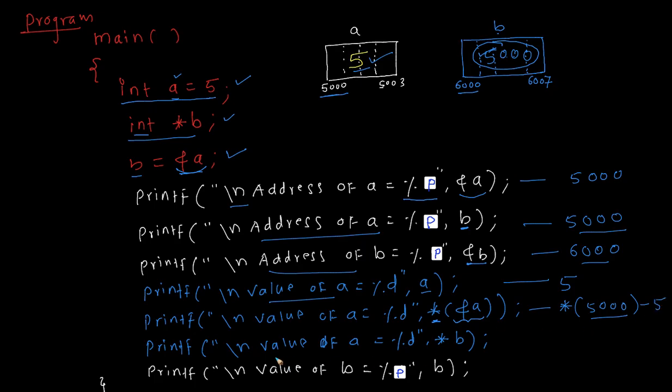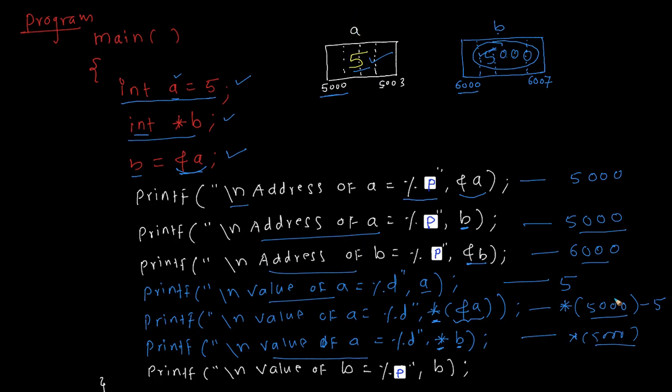Again we want to print the value of A. This is again the value at address operator, also called the dereference operator. It will retrieve the value at the address in B. What is the address in B? 5000. So this will be star 5000. What is the value at address 5000?